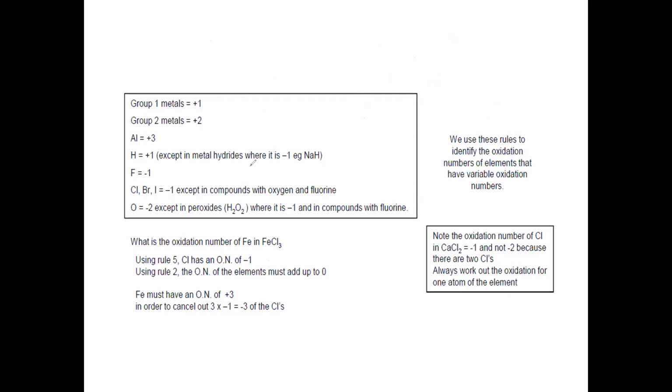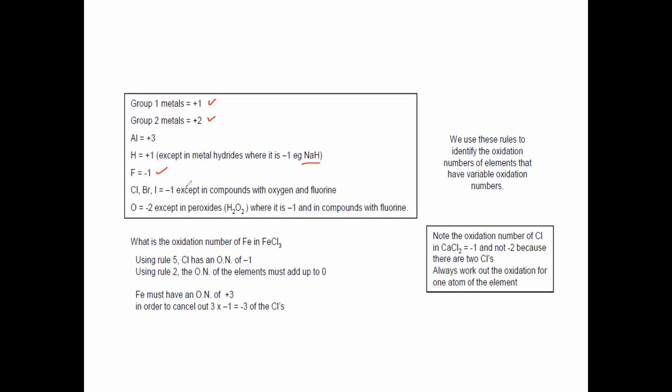If you want to work out the oxidation number, these are the common oxidation numbers: for group 1 metals, all are +1. Group 2, all are +2. Aluminum is +3. Hydrogen is +1, except in metal hydrides, in which it is -1. Fluorine is -1.